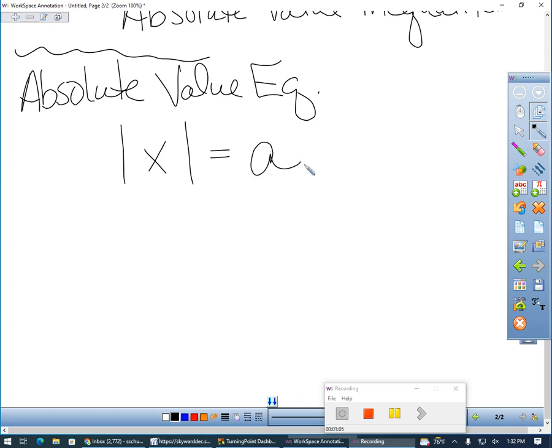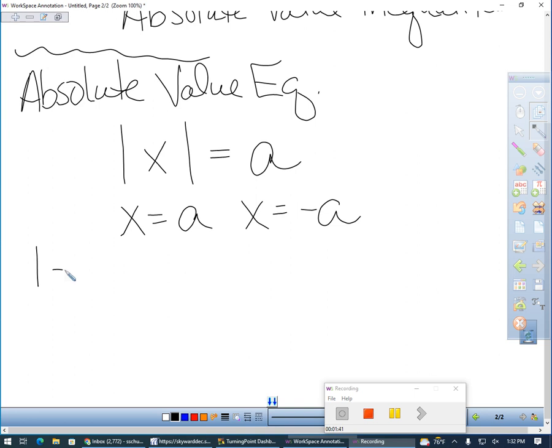If I have that absolute value by itself, that means that a is that far away either direction. So I actually can rewrite this as x equals a and x equals negative a. That tells me how far away from 0 I am. Now, the real trick is, before you can split it into two separate equations, you have to have the absolute value by itself.